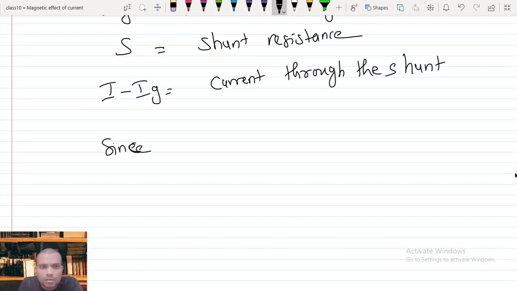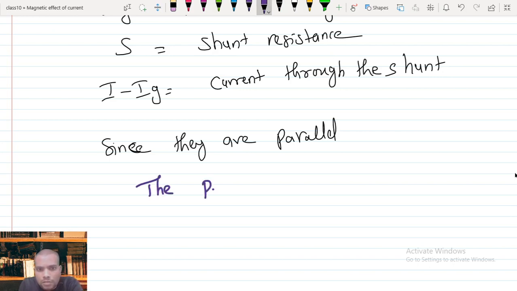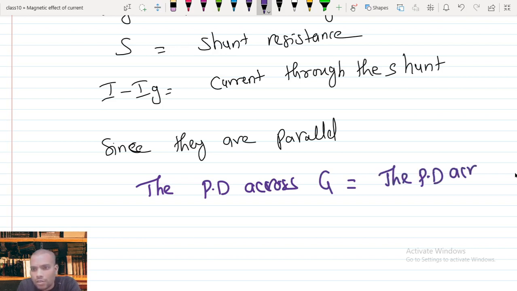Since they are in parallel, the potential difference across the galvanometer is equal to the potential difference across the shunt.